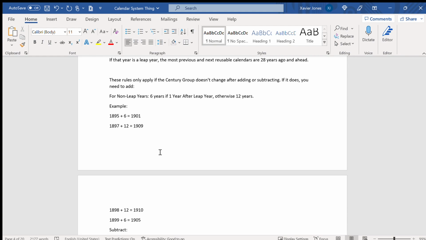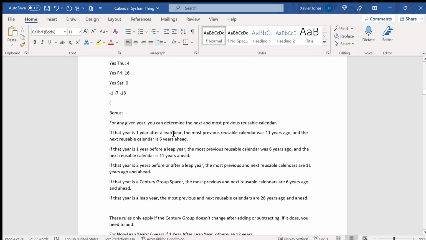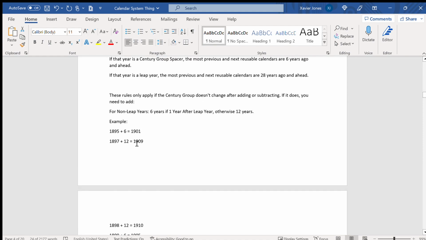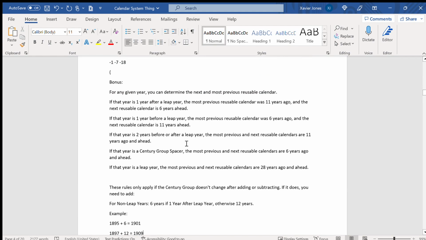If it's 1 year after a leap year, then 1909, 1 year after. Oh, because that's 11 years. And 1909, that breaks it. Because if it was 11 years previously, then it would be past the century group. And in fact, that would be the century set too.